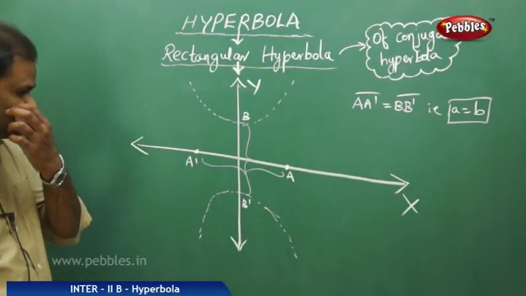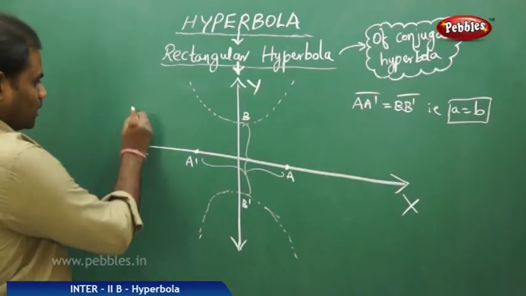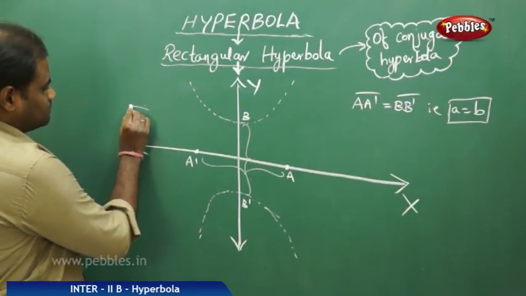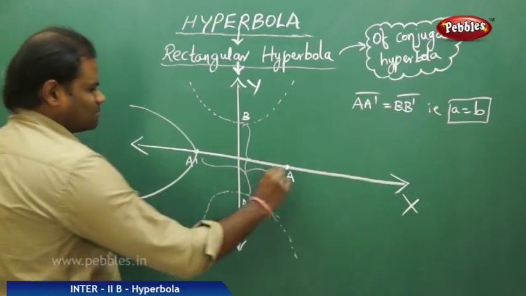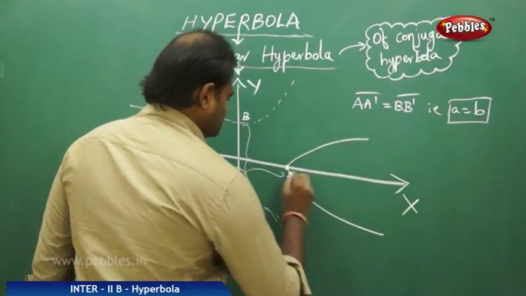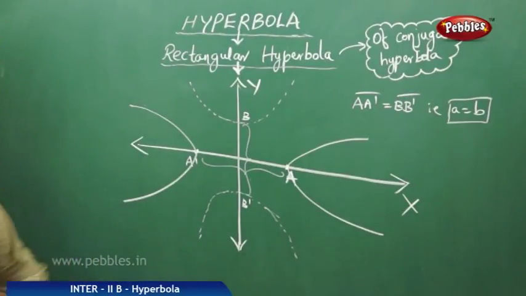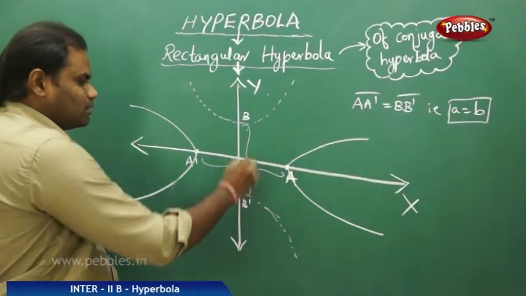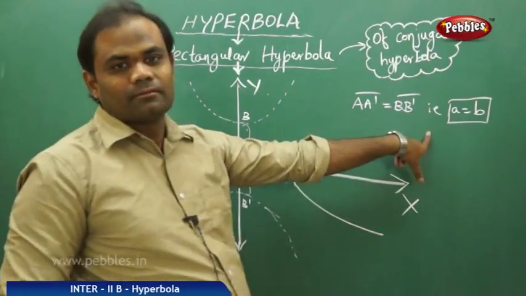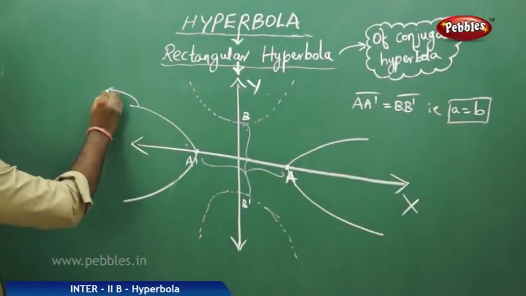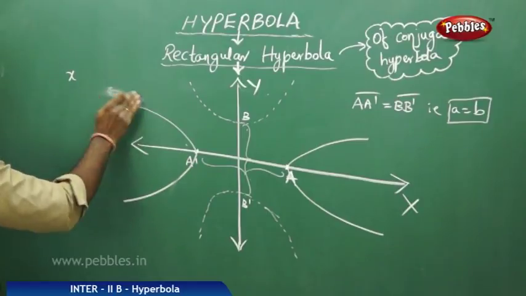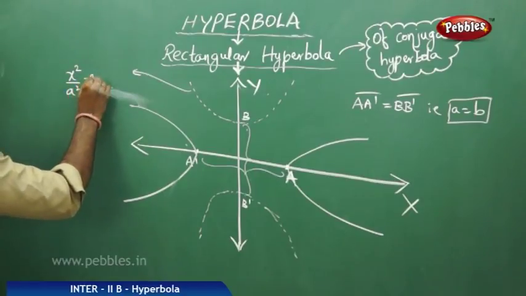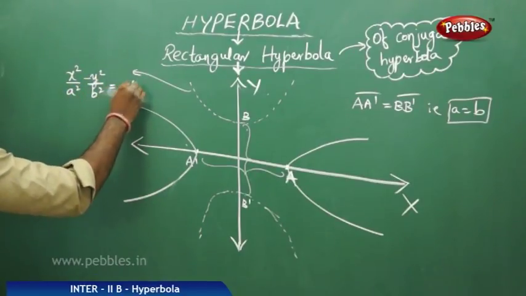Therefore, in case of conjugate hyperbola being a rectangular hyperbola, both the hyperbolas pass through like this. Is how this is the original hyperbola, this is the conjugate hyperbola, which is also a rectangular hyperbola, provided this and this are equal. And we know that the equation of this hyperbola is x squared by a squared minus y squared by b squared equal to minus 1.